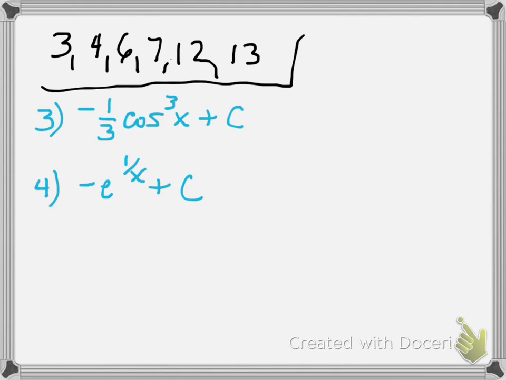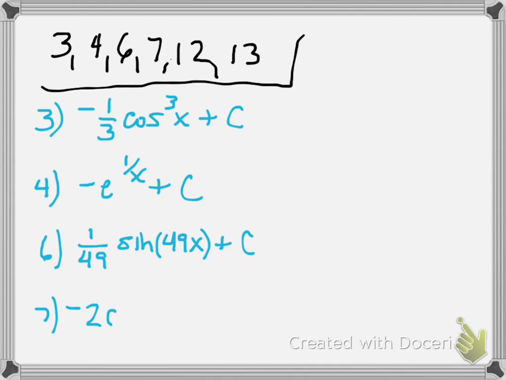For number 6, you should get 1/49 sine 49x plus c, and we're going to talk about that one in a second. And number 7, you should get negative 2 cosecant pi theta plus c.